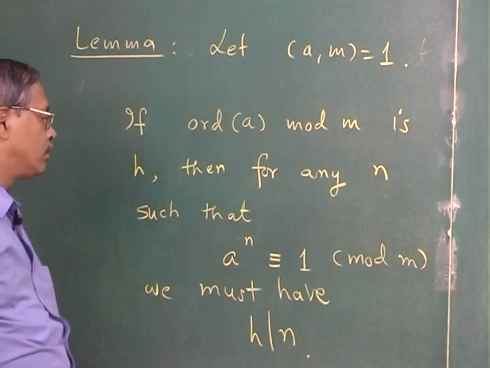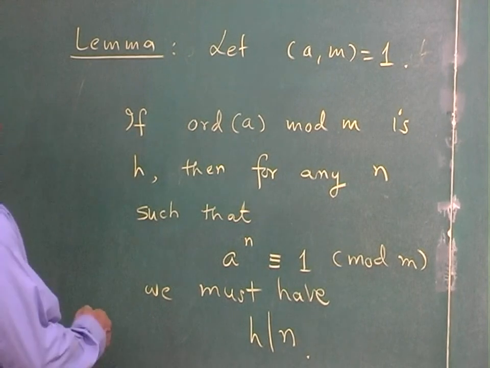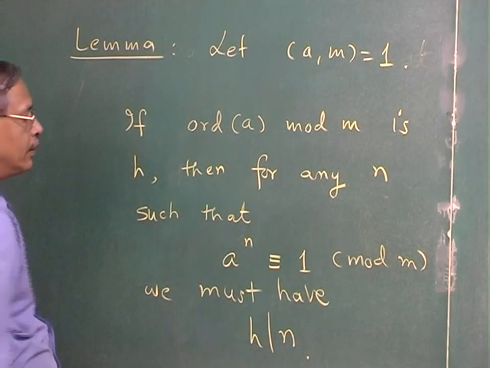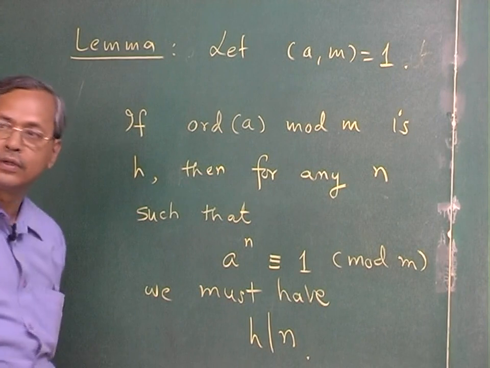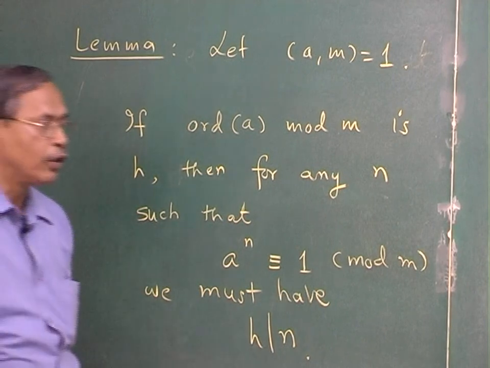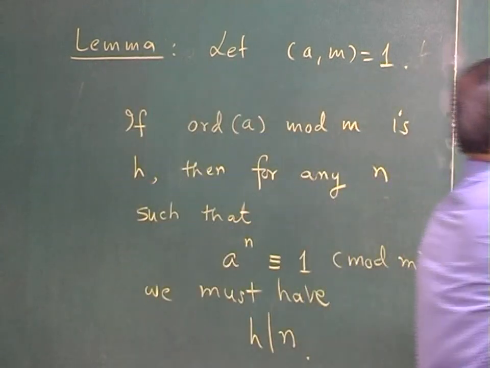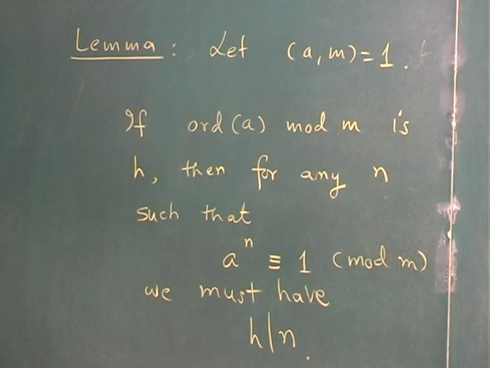So the set of all powers of A which are 1 are just multiples of h. Now this is an easy consequence of the division algorithm.